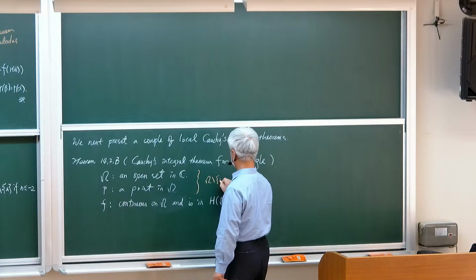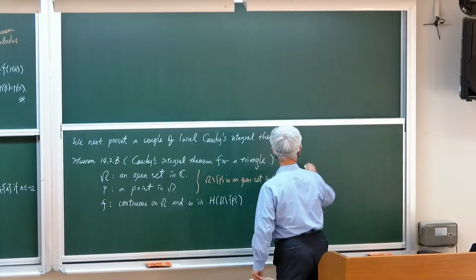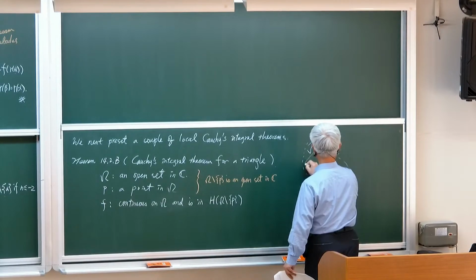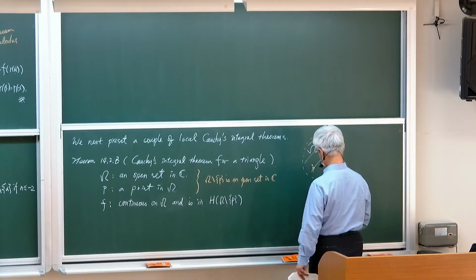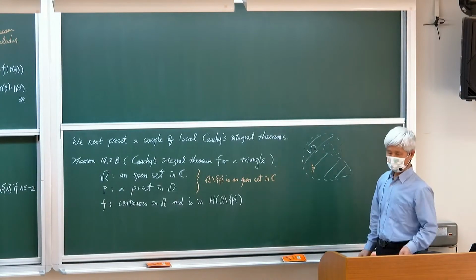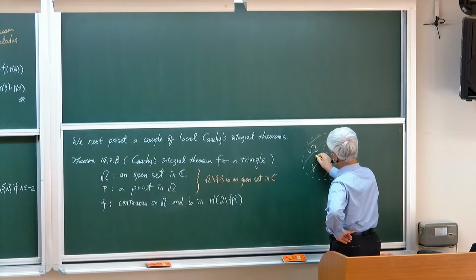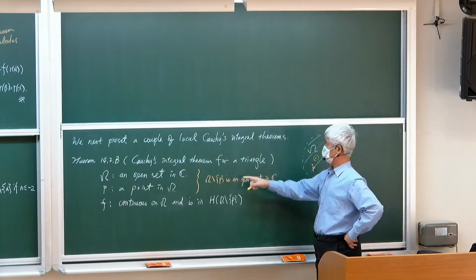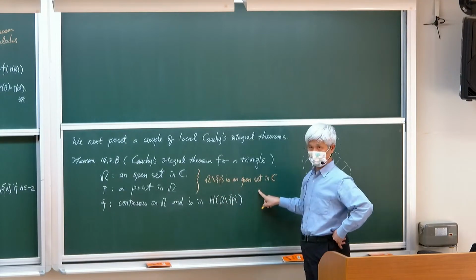So omega minus P is an open set in C. This is omega, which is an open set, but when you pick up a point P inside, geometrically, for any point other than P, you can find a neighborhood which is still in omega. So this set is also an open set.